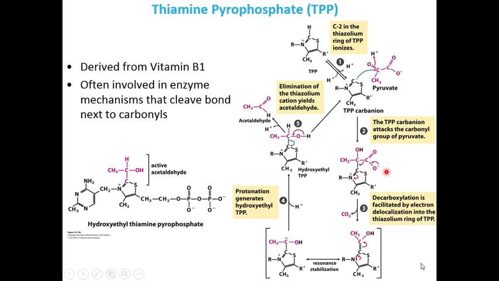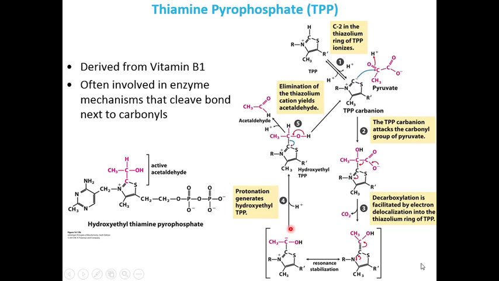The result is a decarboxylation reaction, and it is facilitated by electron delocalization into the thiazolium ring, as seen here. The thiazolium ring is now resonance stabilized, and it is stabilizing a carbanion.